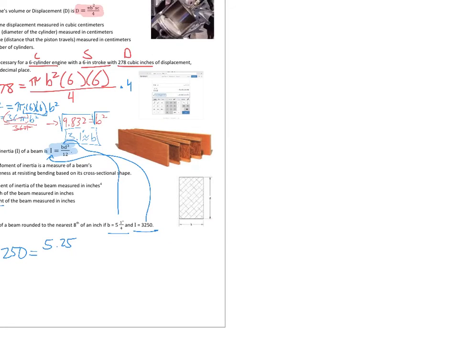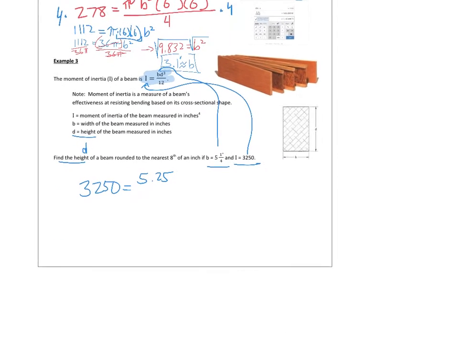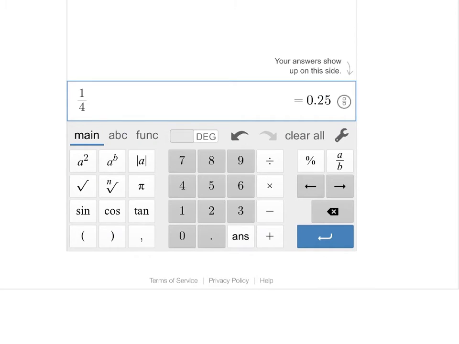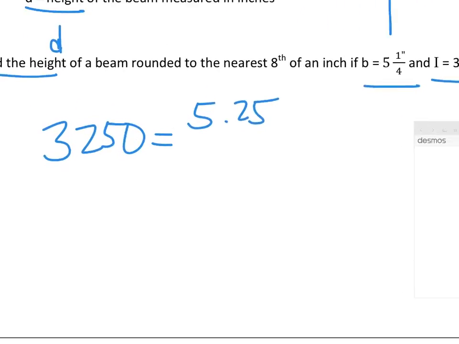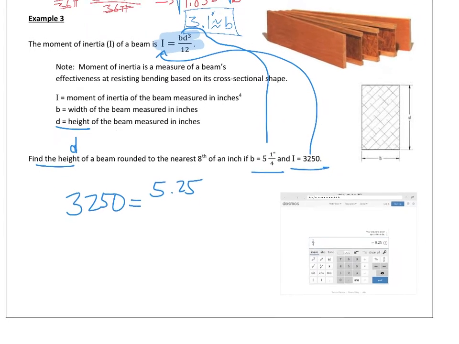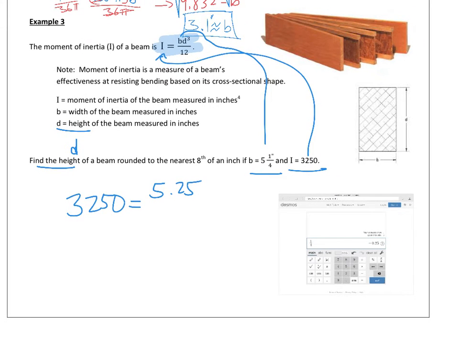Now, if it's not a decimal, remember you can divide it. Hopefully you don't have to for 1/4. We know a quarter is 0.25. Just think money. Okay, but 5.25, that goes in for b, and then we're trying to solve for D. This is D to the 3rd power now, all over 12.